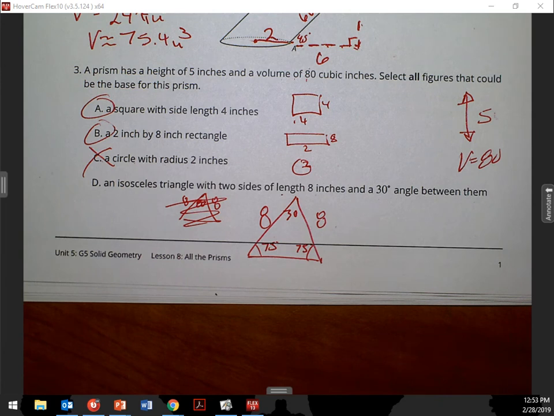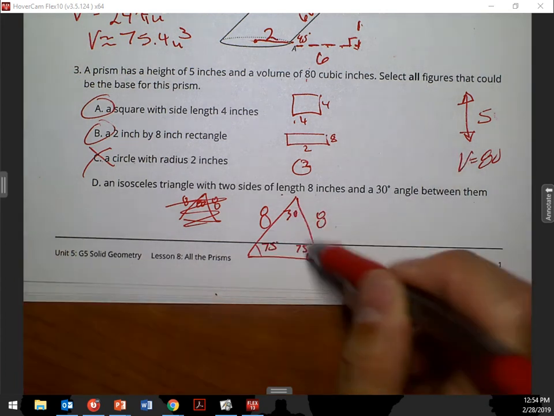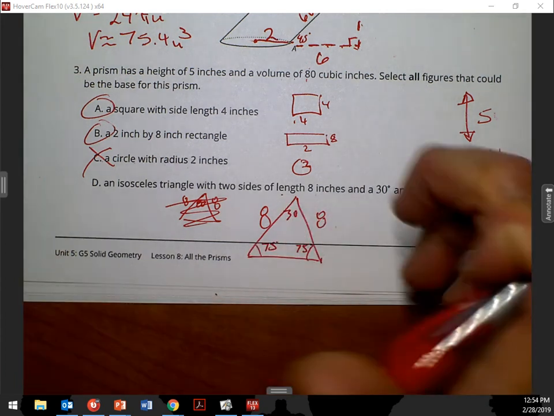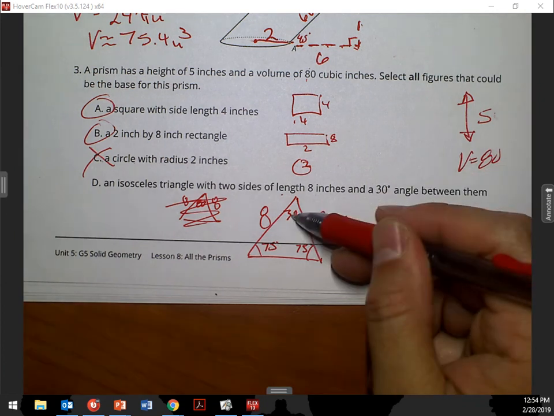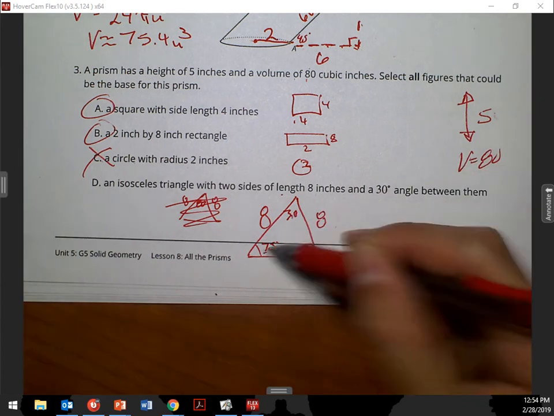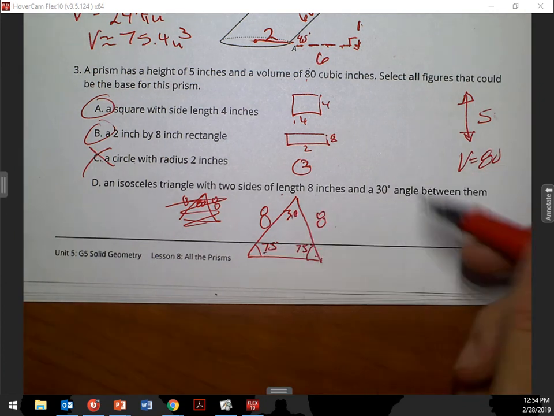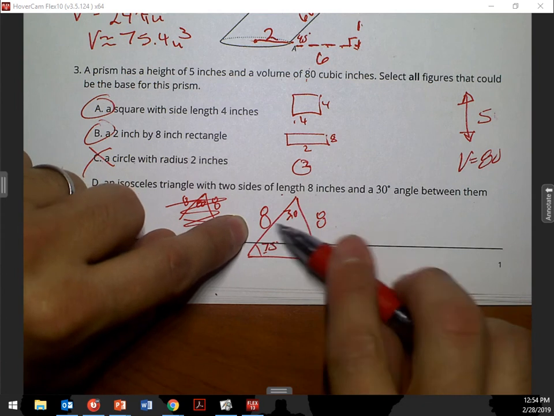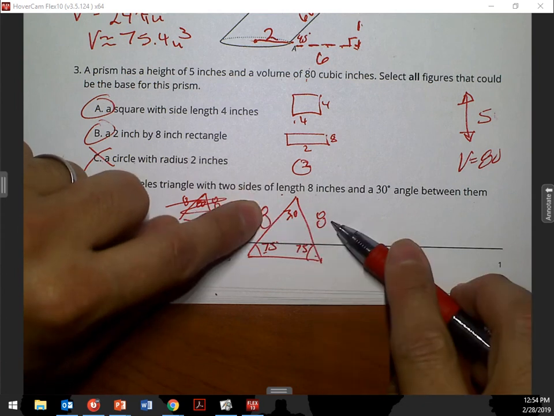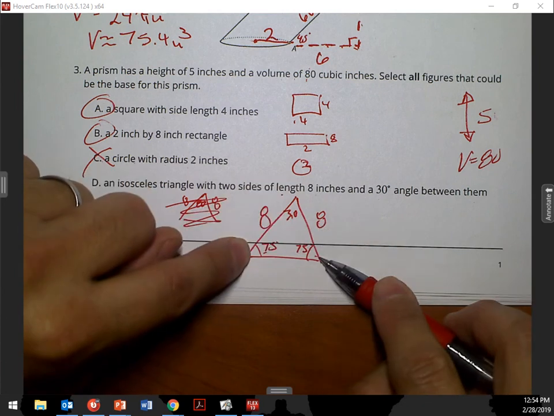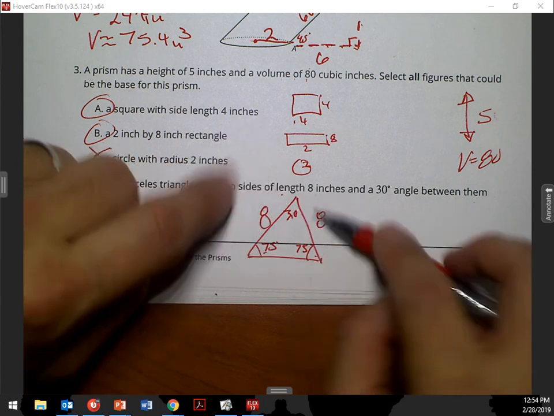Explain that to me. Okay, so all three angles in a triangle add up to what? 180. Very good. So if that's 30, what do the other two together have to add up to? 150. But since it's isosceles, these two sides are the same, and those two angles are the same. So is it because none of them are 80? No, had nothing to do with that.